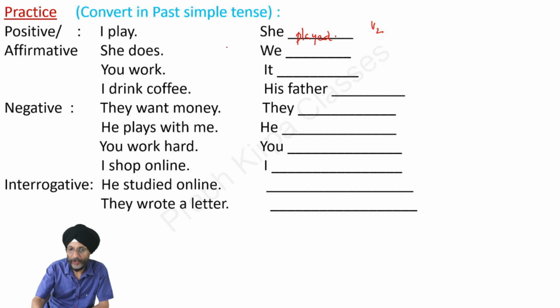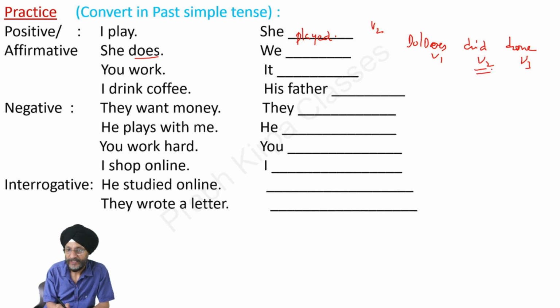As already pointed out, do or does becomes did, done. This is the first form. This is second form. This is the third form. We have to use the second form. We did. You work. We have to use the second form of the verb.